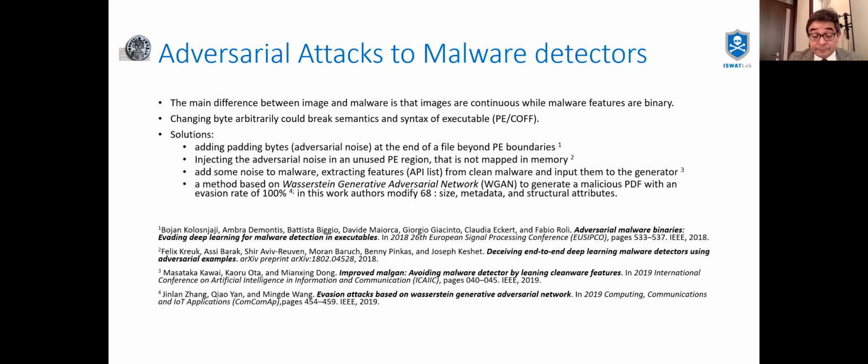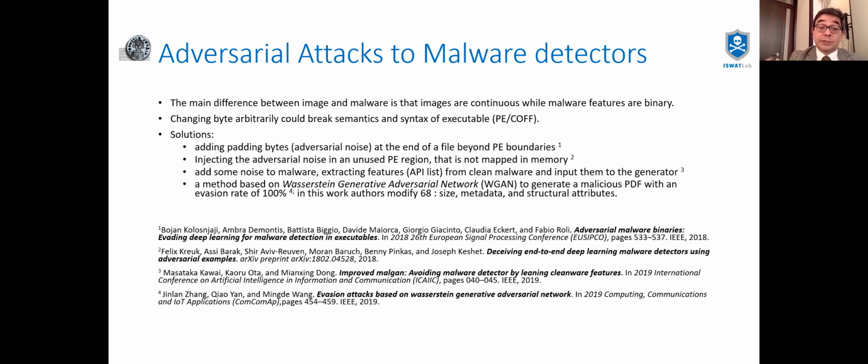Different solutions have been found in literature for doing that. We can find some authors who propose adding padding bytes, so we can call it adversarial noise, at the end of the file, beyond the portable executable boundaries. But of course, this is dangerous, because everything I put at the end of a portable executable can be easily detected.